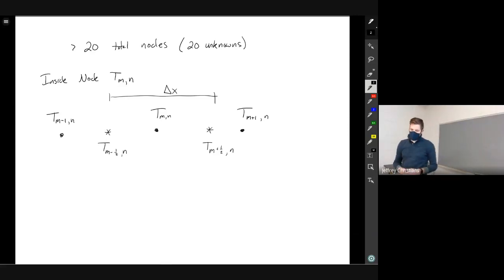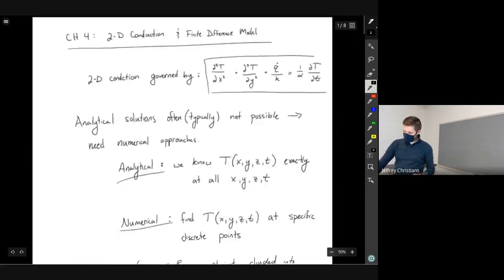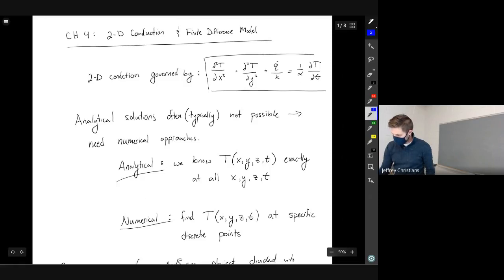Okay, if we look at our node TMN, we're trying to do this equation numerically.